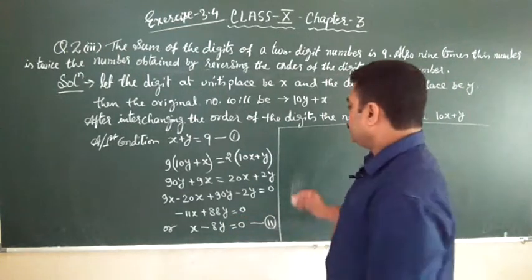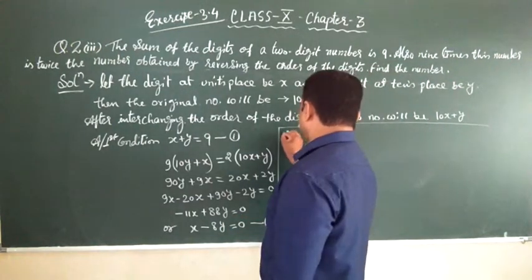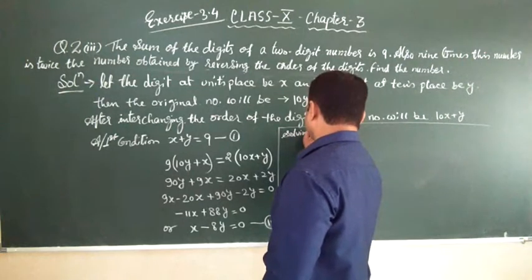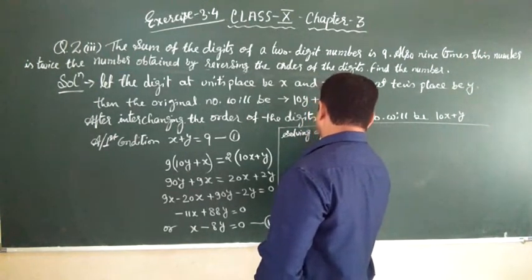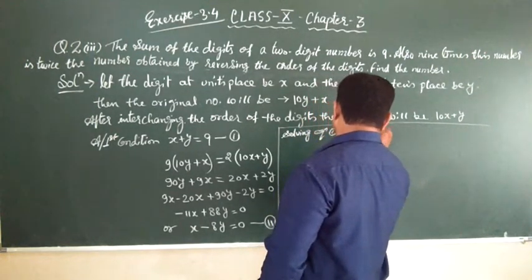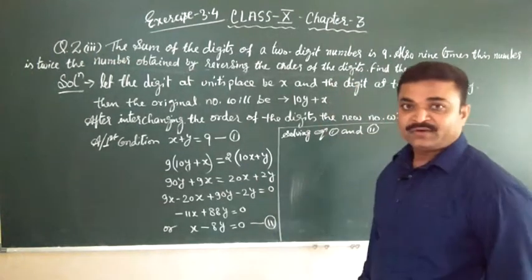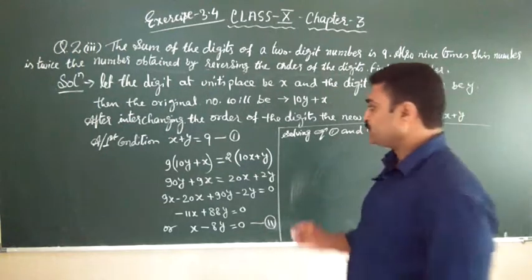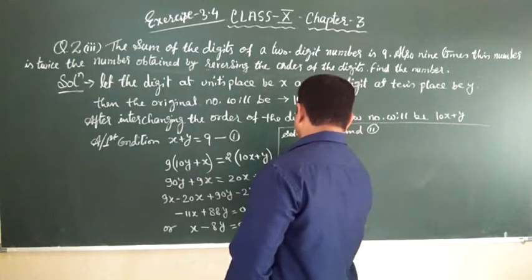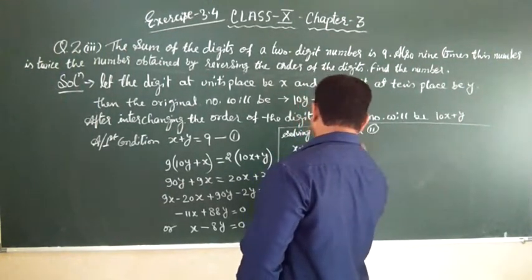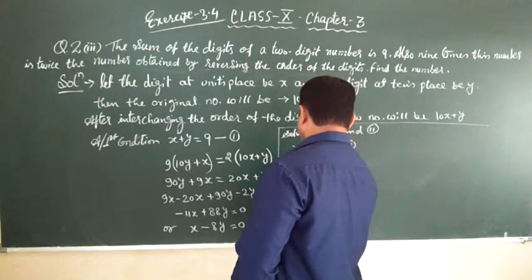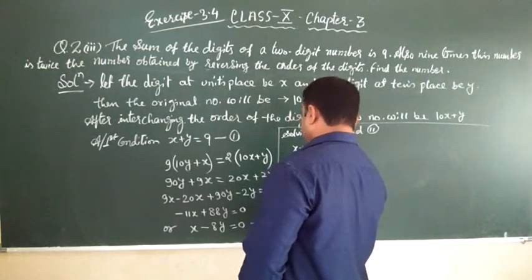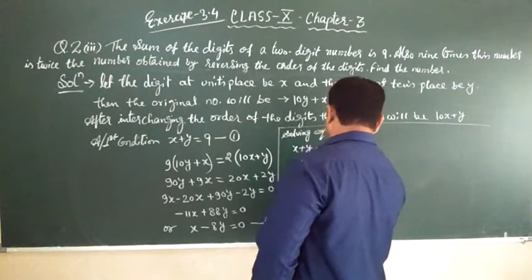Okay. So, solving equations 1 and 2, we write them again. x plus y is equal to 9, it is equation number 1, and x minus 8y is equal to 0, it is equation number 2.